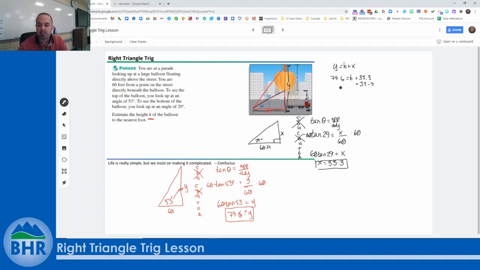So we're subtracting 33.3. 6 minus 3 is 3. 9 minus 3 is 6. 7 minus 3 is 4.